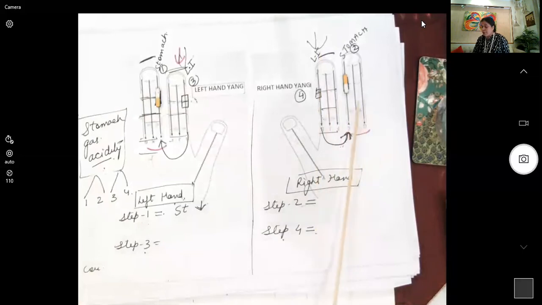But the moment you added the second step, the patient said, oh, my pain or my gas acidity is increased more. This is an aggravated symptom. Then the first step was very good. You waited for 5 minutes, 2 minutes, 3 minutes, and the patient was very comfortable. But when you did the second step, the patient said, now my symptoms are aggravated.